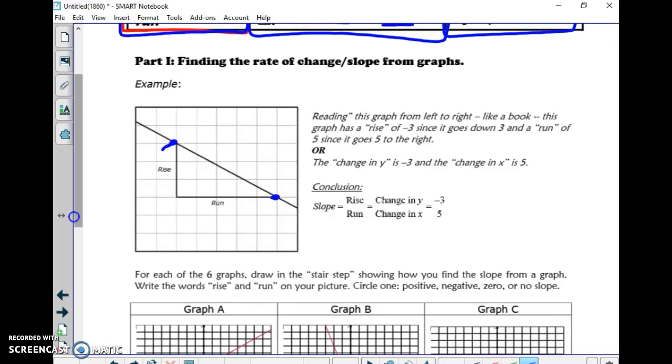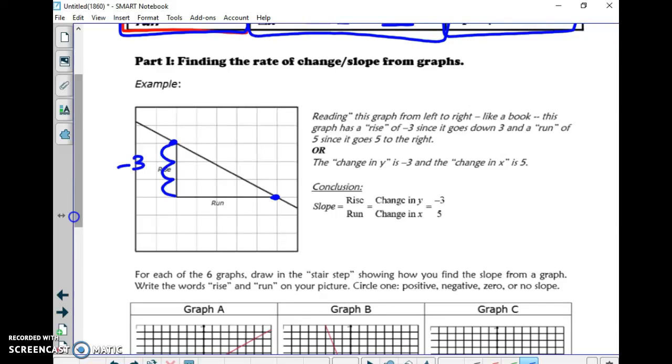Which way does this rise? Down. That's kind of weird, because you don't think of rising down, but in slope, you can rise up or down. So this rises down 3, so what number do I put next to it? Negative 3. Remember, down means negative.